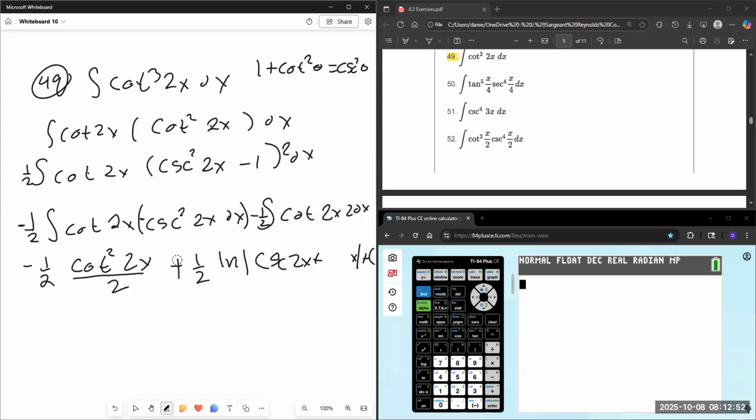No, not cosecant, cotangent, cosecant. There we go, like that. And then shoot, if that were cosecant, it would be cosecant cotangent.